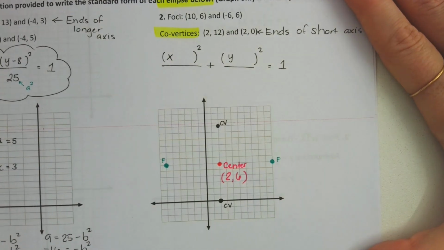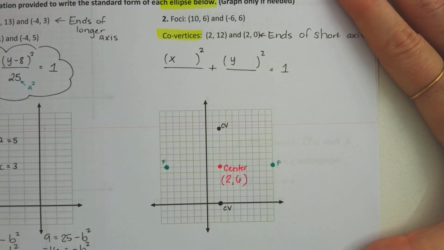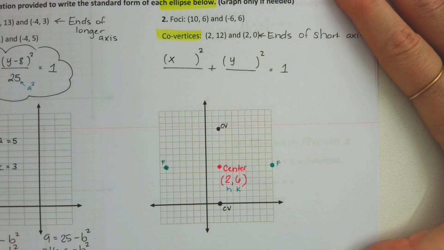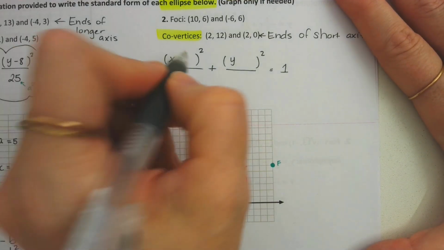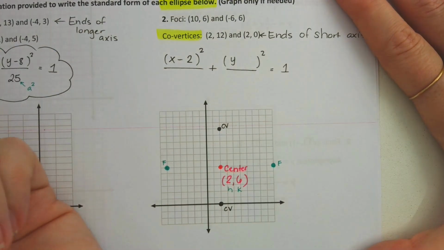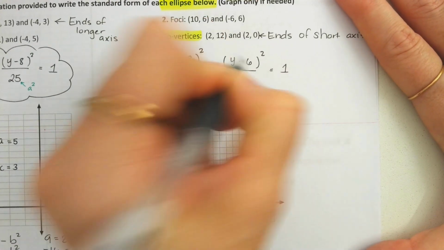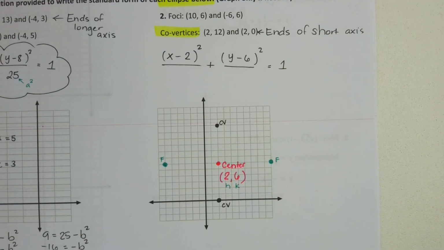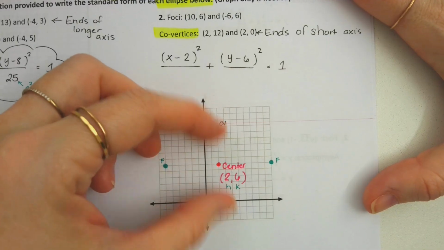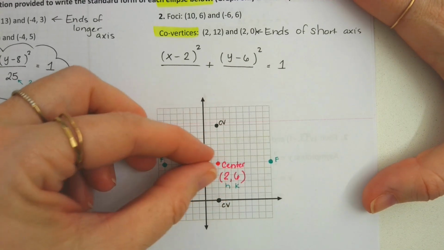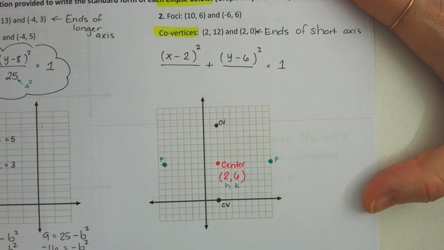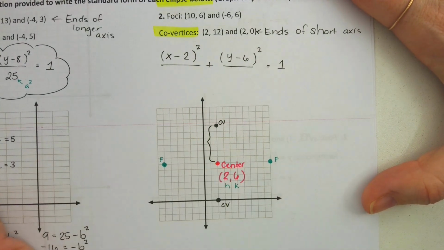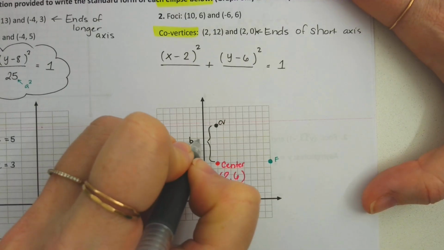Okay, so we can put our h and k in our equation now that we know the center is at 2, 6. Which one are you going to write with the x? Negative 2. And with the y? Negative 6. Okay, and then these covertices should be the ends of the short axis. So if I count this amount, that's going to be b, because it's the ends of my short axis.